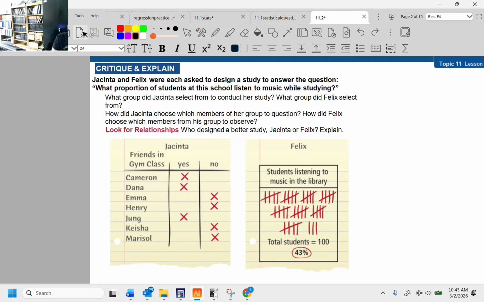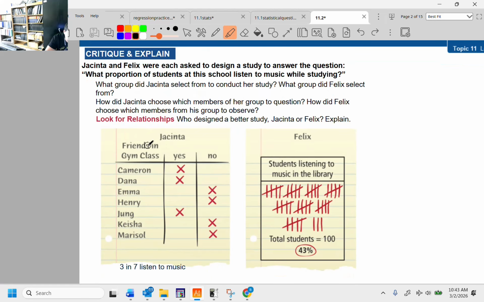So 3 out of 7 listen to music while studying, and 4 do not. So 3 in 7 listen to music. Now, she only talked to kids in her gym class, and the key word here is they were her friends, so they were a lot like her. That's another part of the bias.